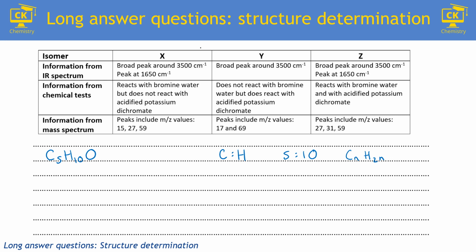So whenever I make two extra bonds between atoms that weren't there, that's when I have to remove hydrogen. So rather than overcomplicating it, let's just think that every time we have two hydrogens less, that means either the molecule contains a C=C double bond, the molecule contains a C=O, so as we get more into aldehydes, ketones, carboxylic acids, we need to consider that C double bond O, or a ring, i.e. there is some sort of cyclic structure where two carbons are joined together to make a ring of carbons.